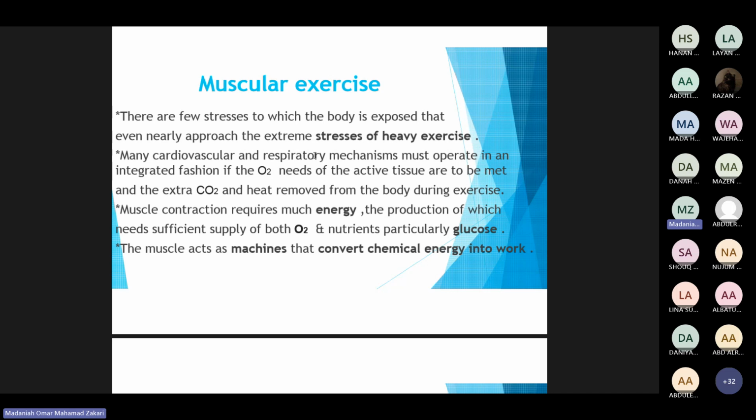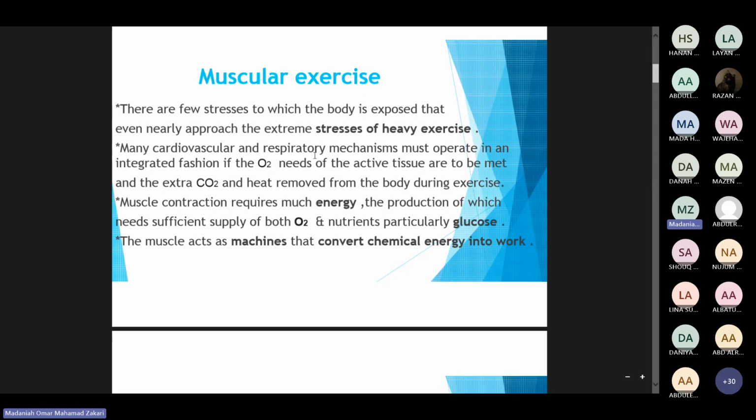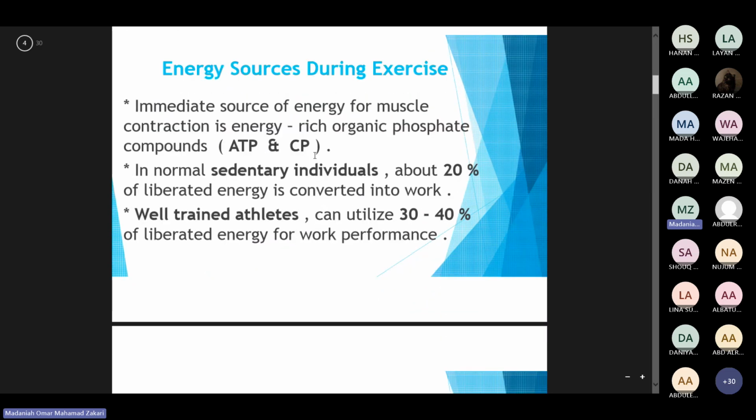So muscle acts as a machine, converting chemical molecules into work, because it has mitochondria. Mitochondria are important in the muscle's production of energy. If we go to energy sources during exercise, important sources are ATP and creatine phosphate.